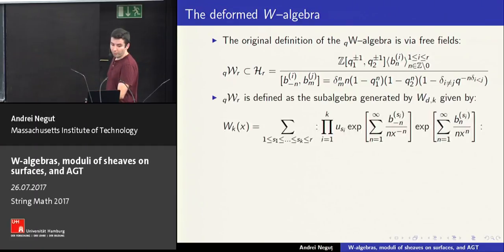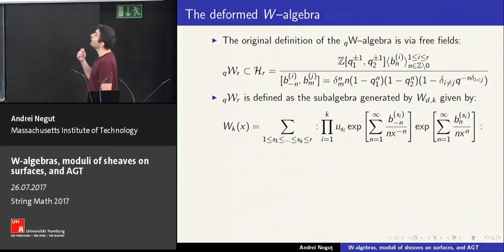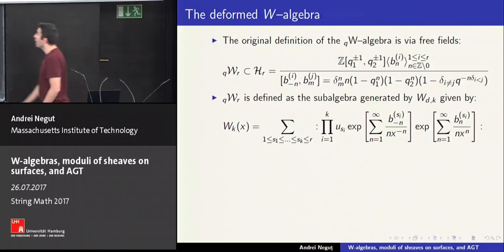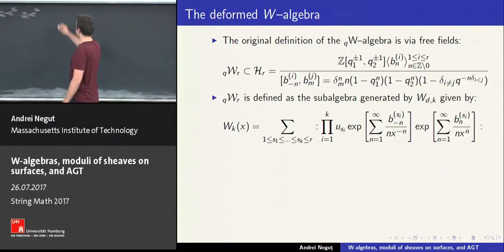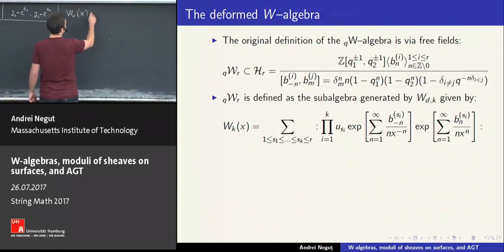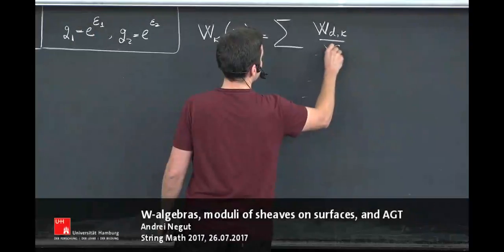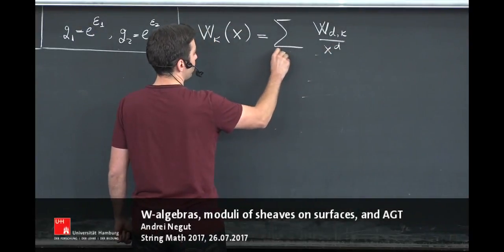Well, how do you define what the Q-deformed W-algebra is? By definition, it is generated by generators called W_{d,k}, which are given by this expression here. And I have to say that throughout this talk, the connection between fields, which are expressions like W_k(x), and generators, which are expressions like W_{d,k} to the d, is given by this kind of formula.